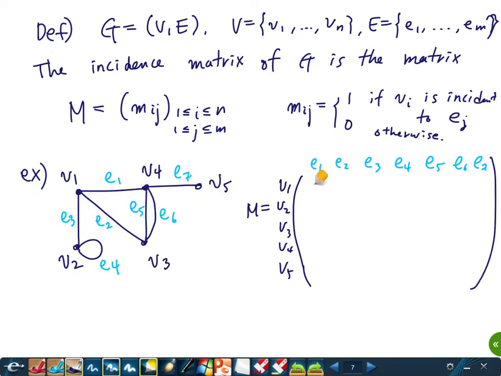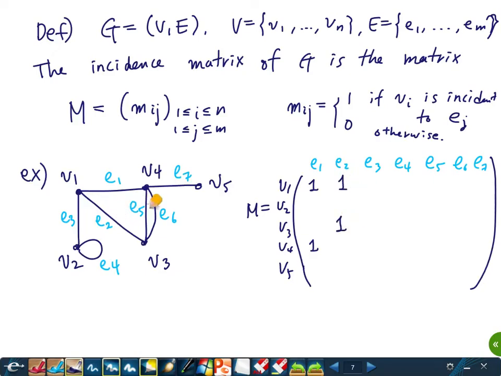So here you place 1 if V1 is one of the endpoints of E1. V1 is incident to E1, so we put 1 there. Actually, you can just focus on each column. So E1, the 2 endpoints are V1 and V4, so you put 1 there, V1 and V4. So every column must have 2 1s and 0s elsewhere. And what about E2? The 2 endpoints are V1 and V3, so we put 1 and 1 there.